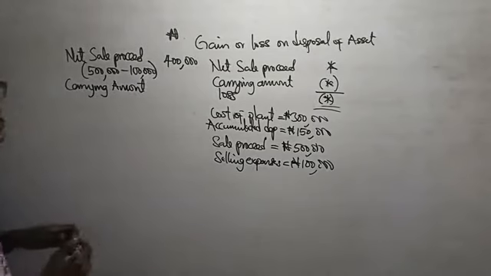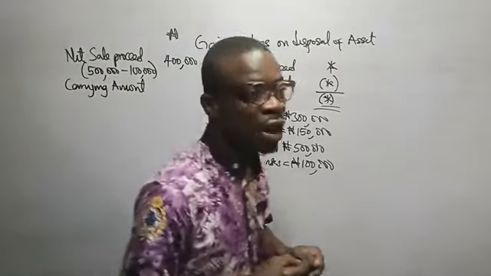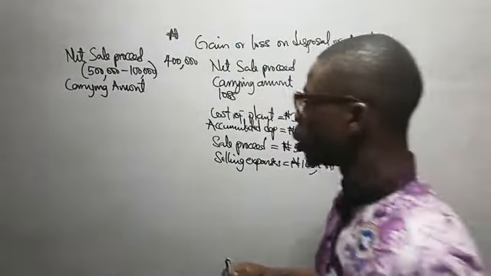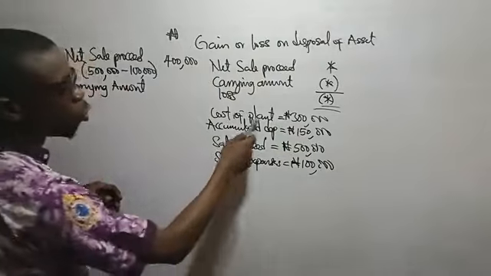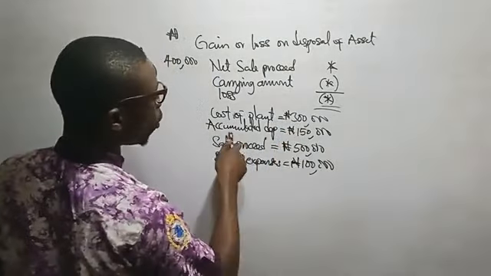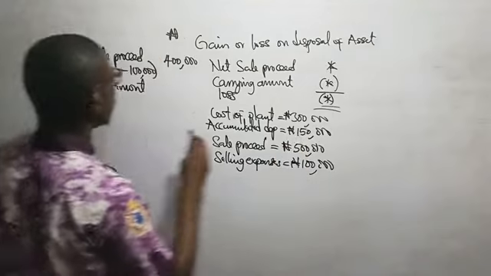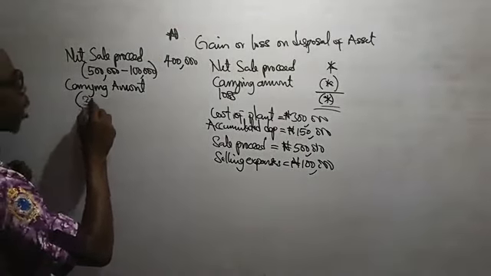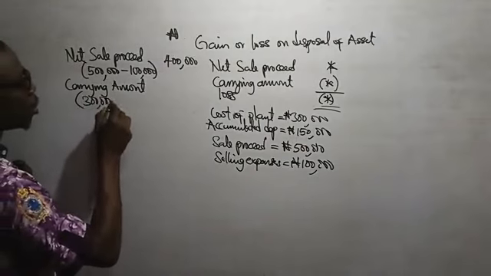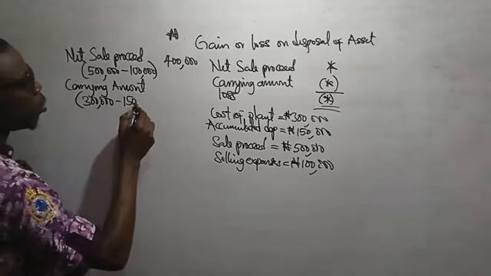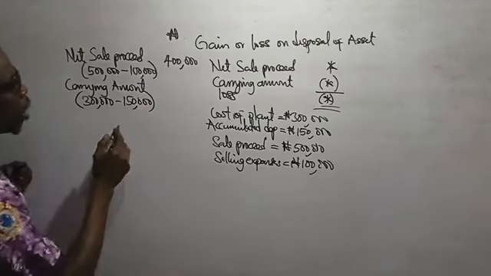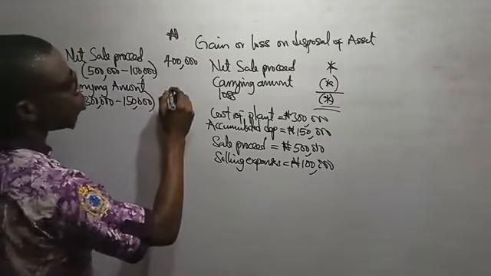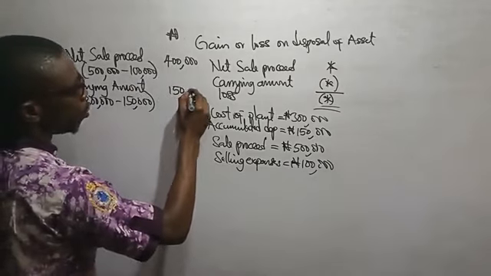Less the carrying amount. What is carrying amount? Carrying amount is cost minus accumulated depreciation. They have given us the cost to be 300,000 naira, while the accumulated depreciation is 150. So the carrying amount is 150.